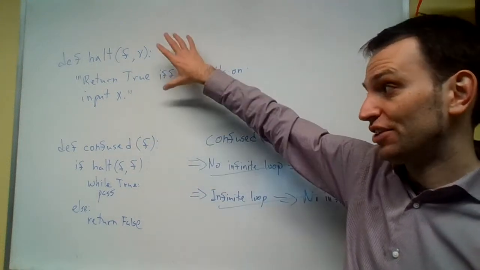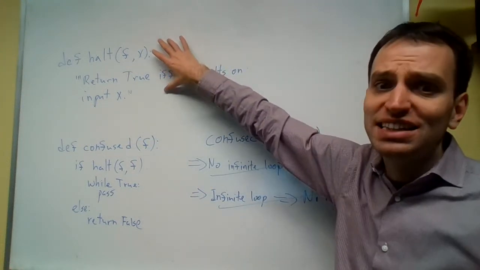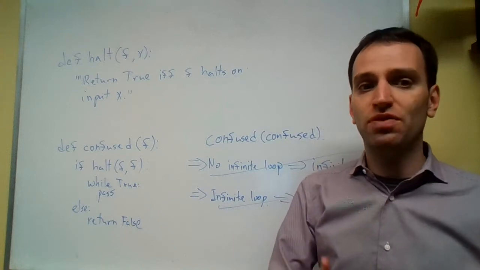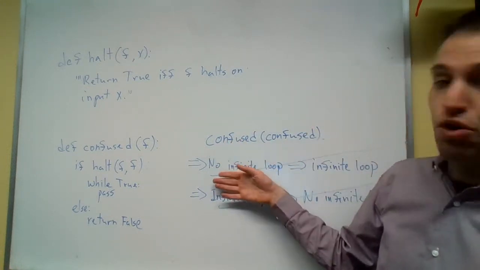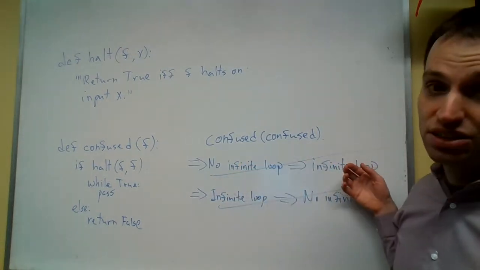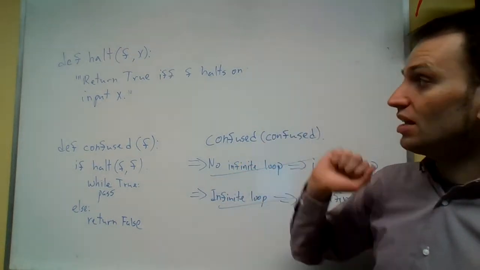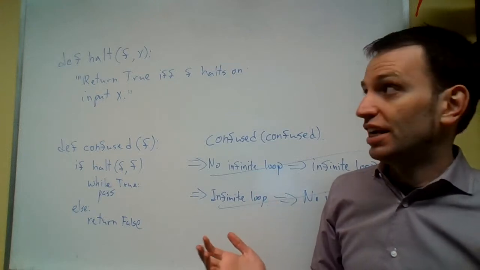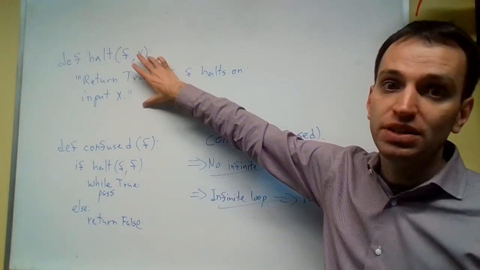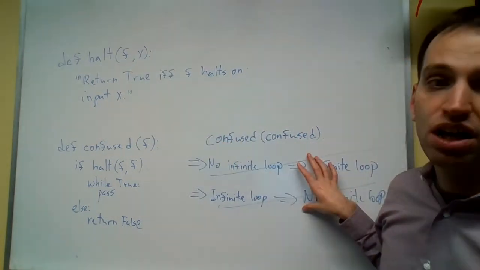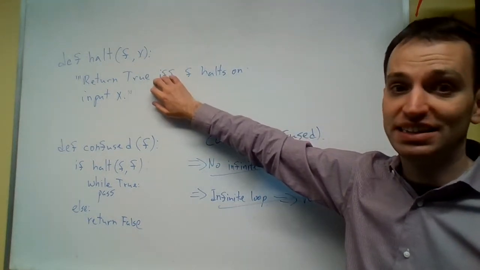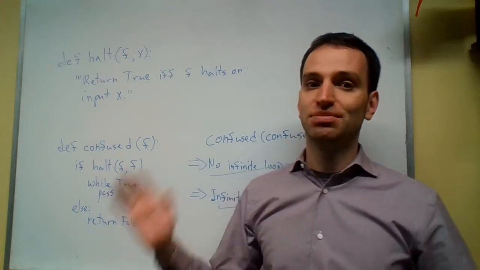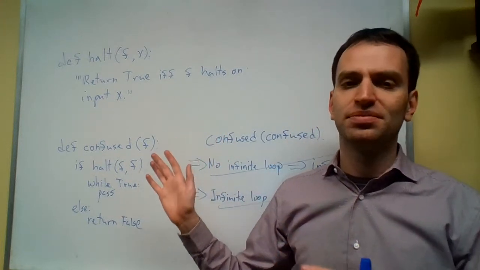Because halt does not actually exist, assuming that it exists leads to all sorts of absurd conclusions, like that confused of confused both produces an infinite loop and does not. So the upshot is, well, we assumed that this exists and we derived a contradiction. That means that this function just doesn't exist. This is not a trick, it really does not exist.